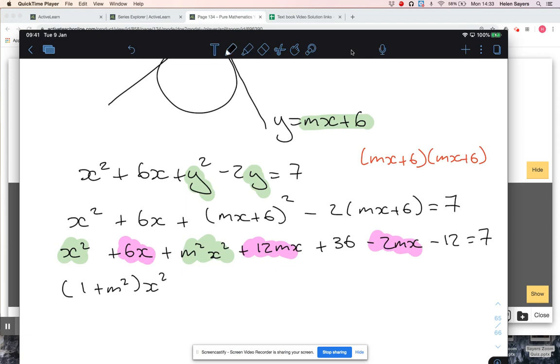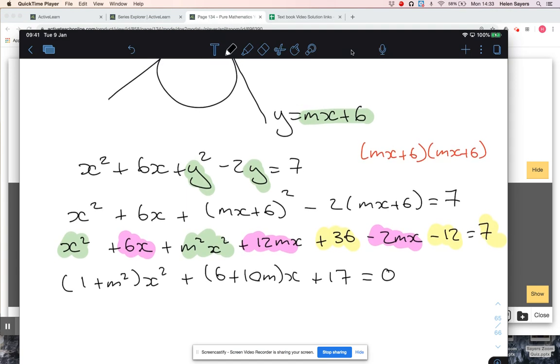That would give me 6x plus 10mx when I do the 12mx minus the 2mx. But again, I'm going to factorise, so take 6 plus 10m out, just so I can have it as a single x term. And then the constants are nice and straightforward. I've got 36 minus 12, so 24, and then I'm going to minus that 7. So then I've got plus 17.